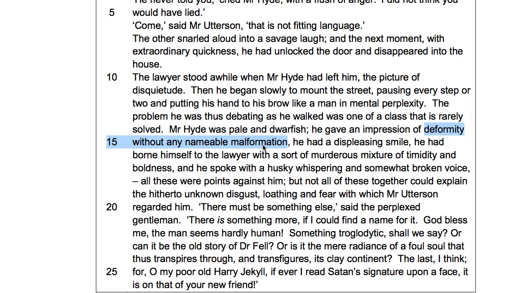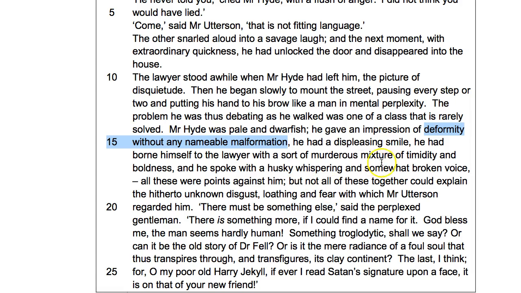Hyde is the first example, but actually what's going to happen as we move into the future is that men will become increasingly evil, and their morality will become increasingly deformed or malformed. And I can link that to the context of the Gothic novel, the craze for the penny dreadfuls, and I can even link it as a harbinger, a forewarning of the kind of obsession with crime which reveals itself only a couple of years later with the Jack the Ripper killings.